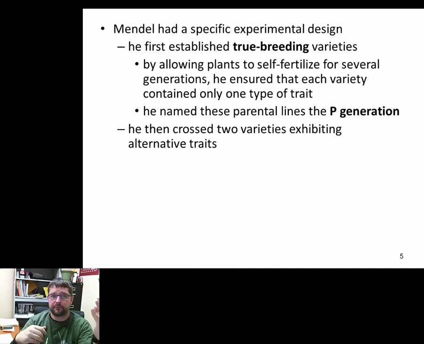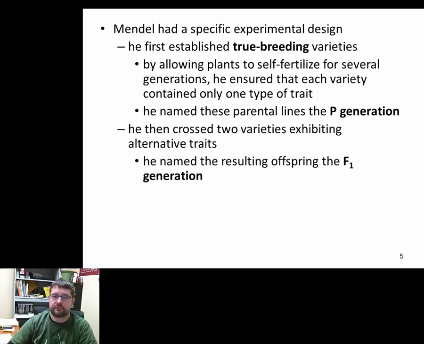So if we're talking about purple flowers and white flowers, he would cross those two true breeding varieties to get the alternative traits. He called that the F1 generation, and we still use true breeding, P generation, F1 generation in our notation when we talk about these simple crosses. So he'd cross those. That's the F1 generation, the offspring from those parental generation crosses.